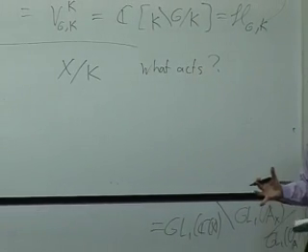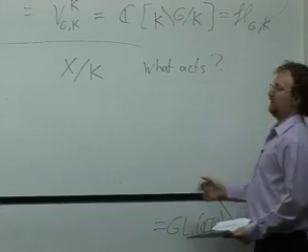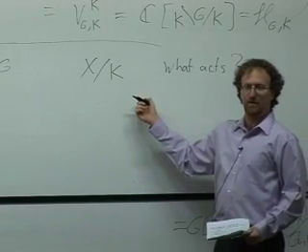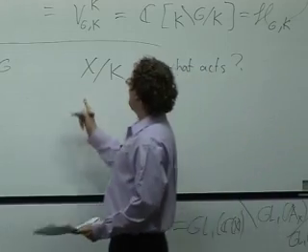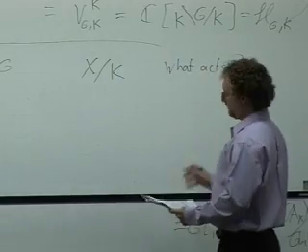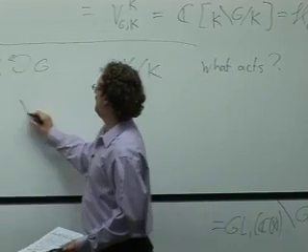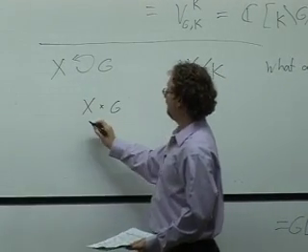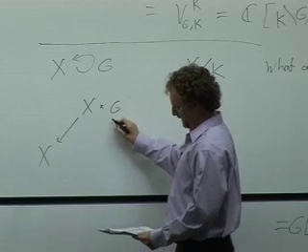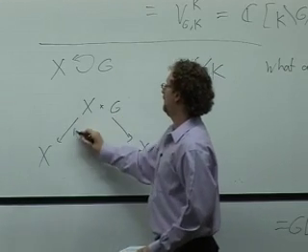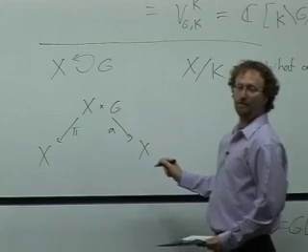Well, if I'm living in the world of groups, the only thing that will act is the normalizer, and there might not even be any normalizer of K. But now I want to think not about what acts as a group action, but what will act by correspondences. If I think of X times G, what does it mean to have a group action? This is something that has two projections to X: you project onto the factor or you act.